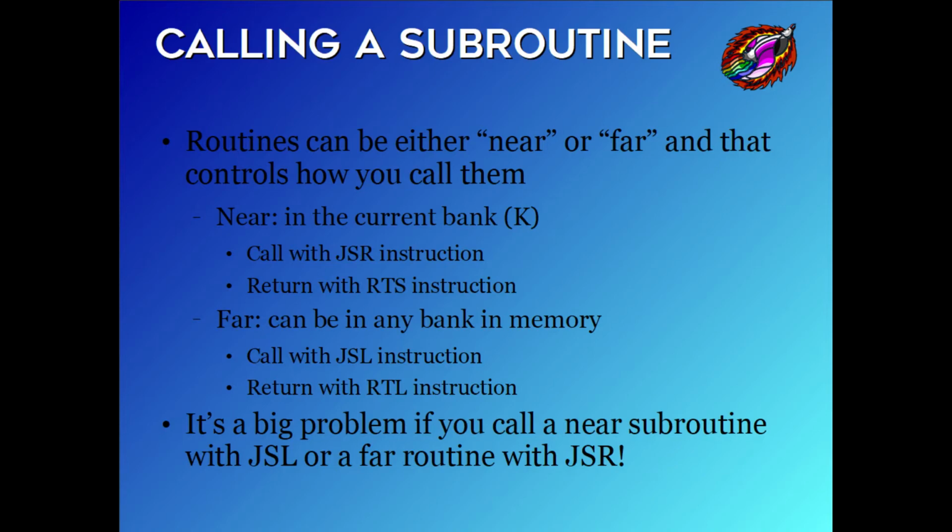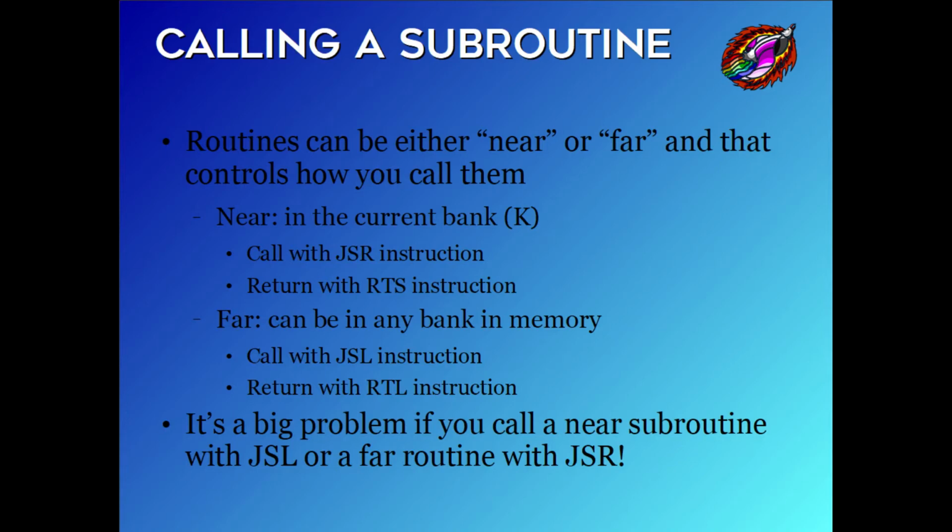When the subroutine that's called by JSR needs to return to the caller, it has to execute the RTS instruction. A far subroutine is called with the JSL instruction, which can be considered like jump to subroutine long. Long is another term for far. And when that kind of subroutine returns, it has to execute the RTL instruction.